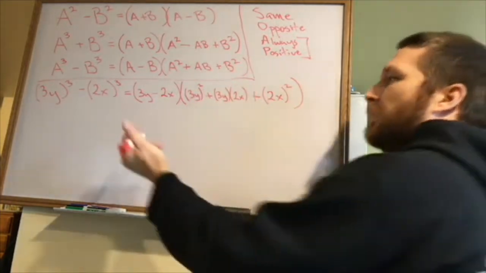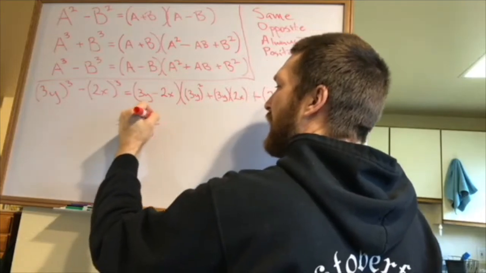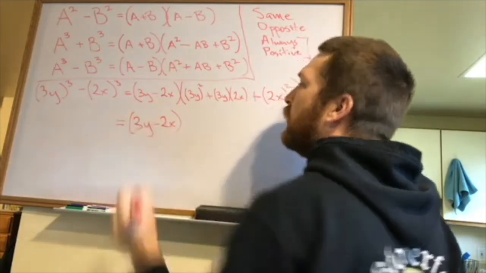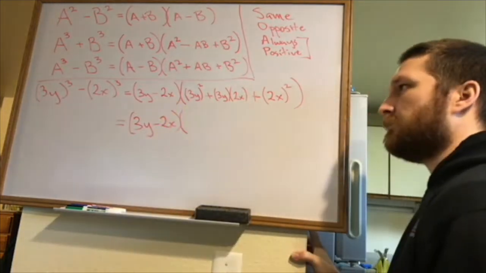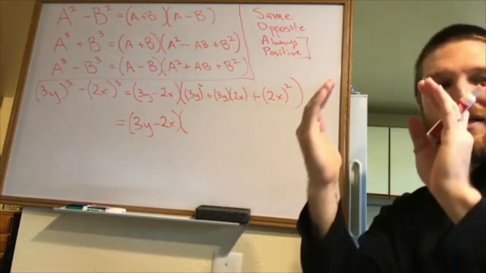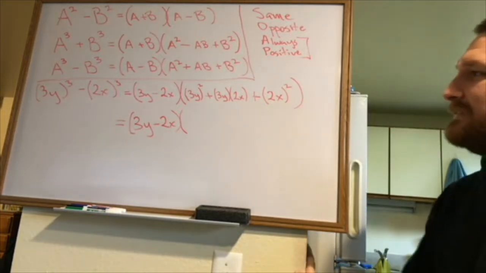But it might be nice to go ahead and write these guys out. So how could I rewrite (3y) quantity squared? What is that?